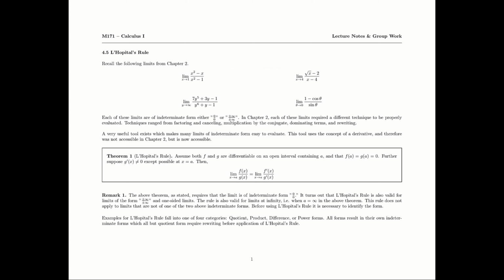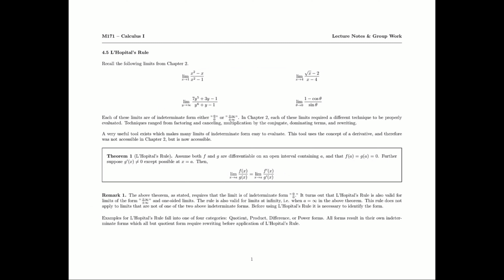And if we apply this remark here, we find out that it doesn't have to be just 0. We could also have infinity over infinity, one of our indeterminate forms, and then you could also use L'Hopital's rule. So as of right now, L'Hopital's rule works if your indeterminate form is 0 over 0 or infinity over infinity. Those are the two forms that you can use.